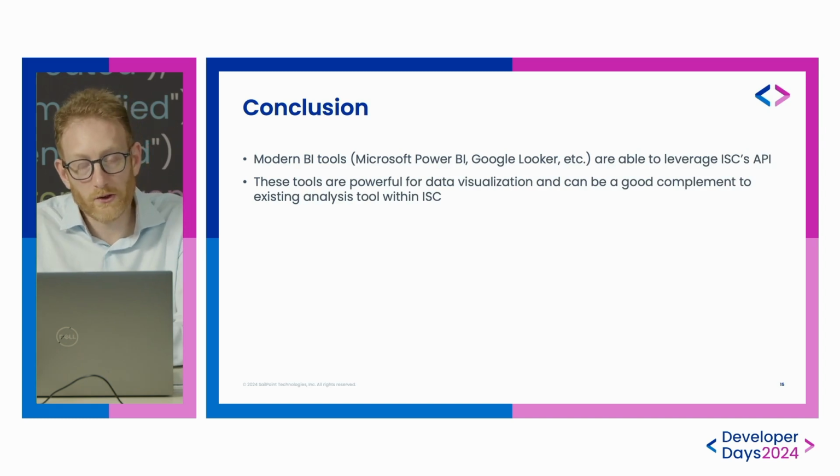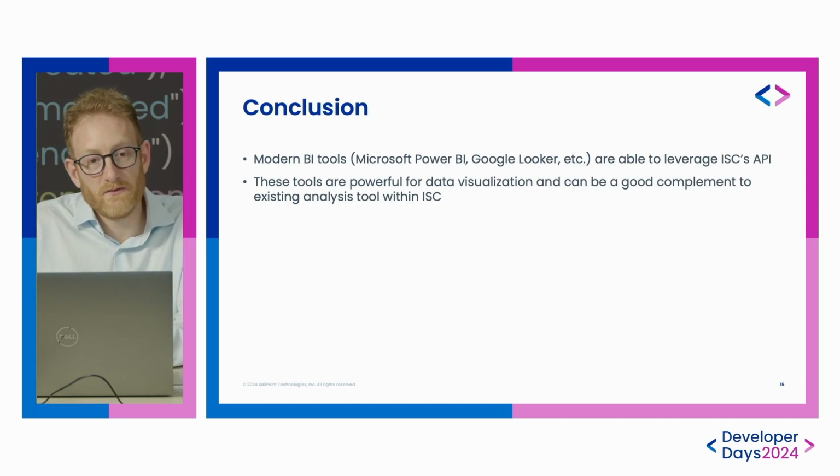We already have built-in capabilities within SailPoint, but if you are looking for something very specific to you that is present in the data, it could be a good complement as another analysis tool to be used in addition to the existing tools in ISC.